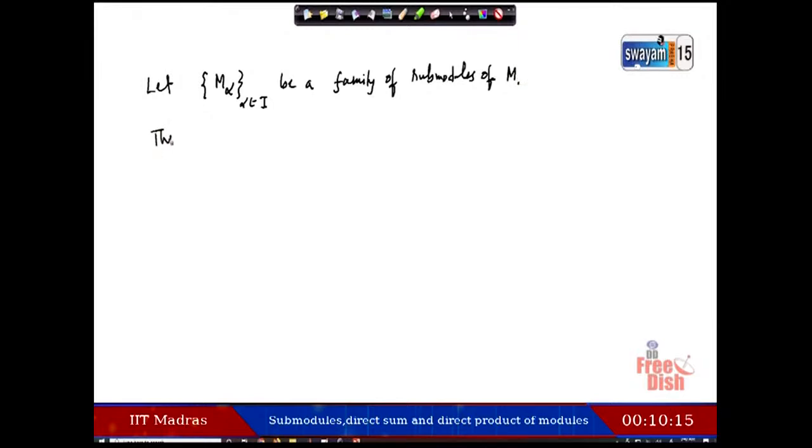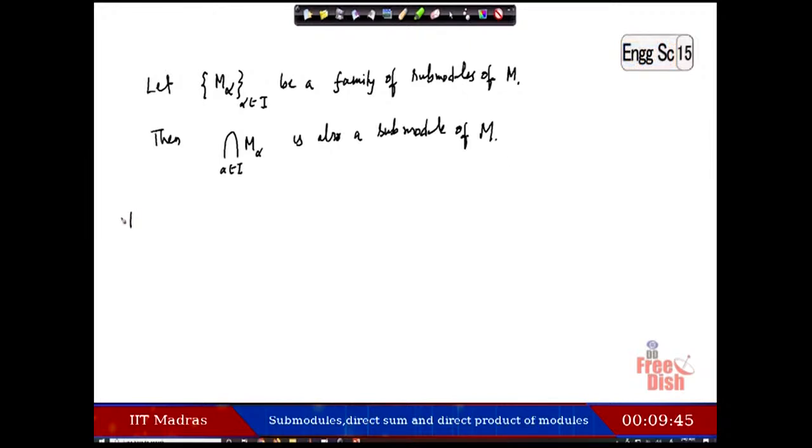Then the intersection of the M_alpha, alpha belonging to I, is also a submodule of M. It satisfies all the conditions of a submodule. Therefore, the intersection of the M_alpha is also a submodule of M.